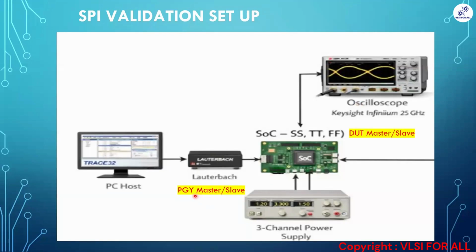Same way, for example, if we make Prodigy as master and DUT as slave, we'll initiate 8 bits of data transfer and we will see whether the 8-bit data is received correctly or not.